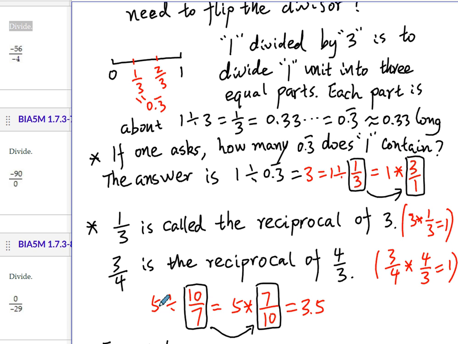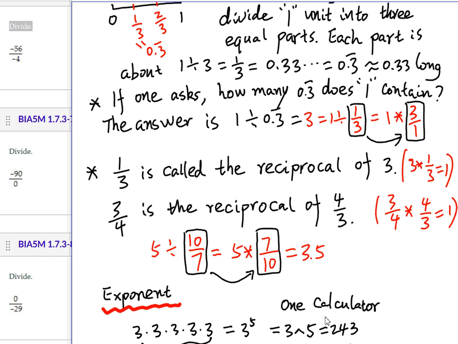Or you may also say you divide 5 into how many pieces? Into 10 over 7 pieces, and each equal part is 3.5. So here is about division.